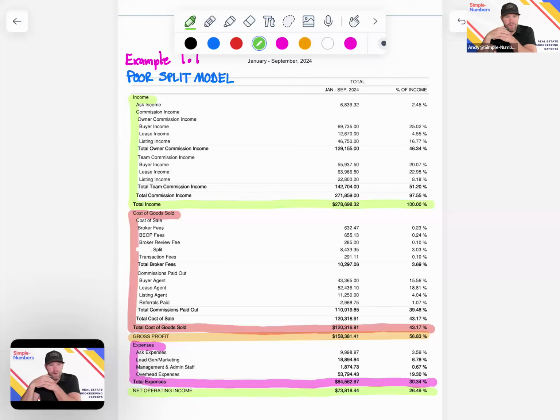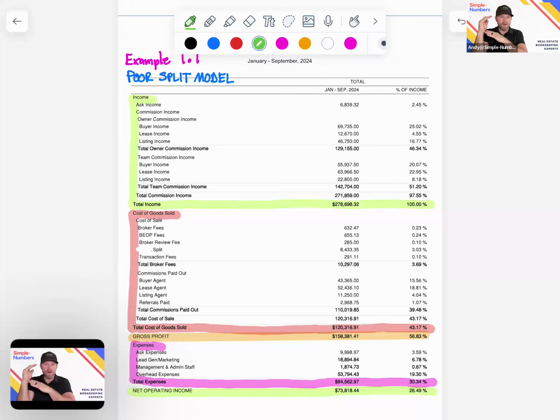Your cost of sale is going to be typically your largest expense, but it's also your greatest opportunity to get yourself out of production if you want to, or at least have a business that doesn't require you to produce. So we just have to make sure that the split model you have is in line with your overall profit goal. There are some teams where they have a very small profit margin goal because they're going to build this huge business. And that's fine, but then the split model has to be correct.